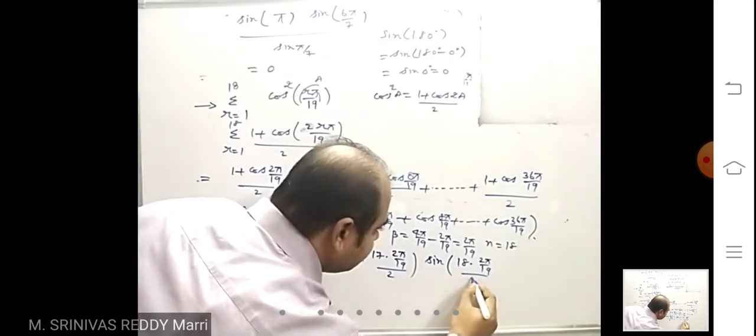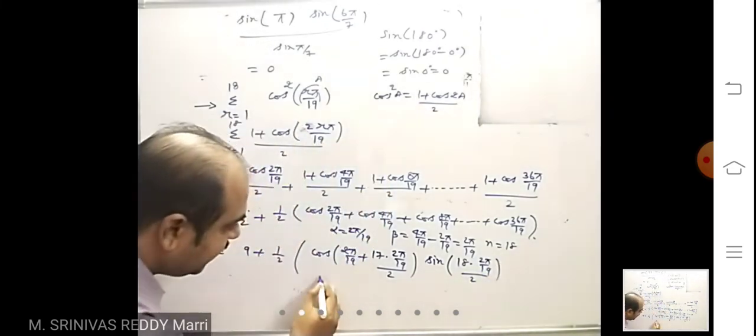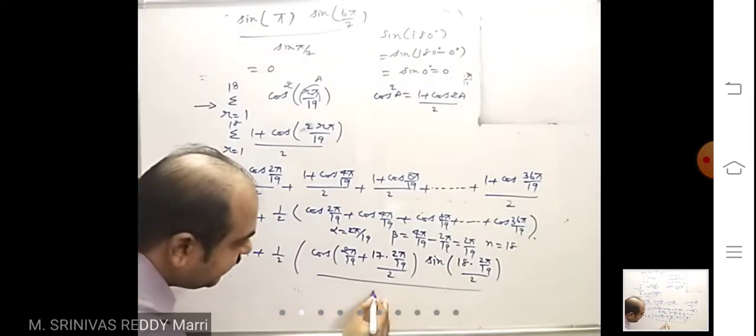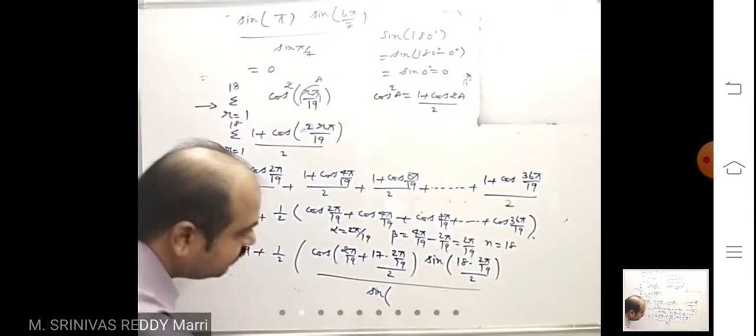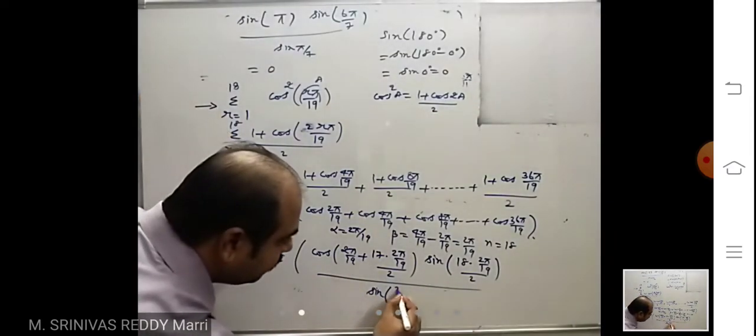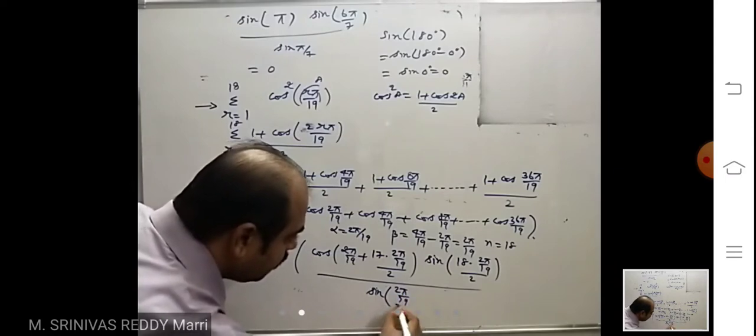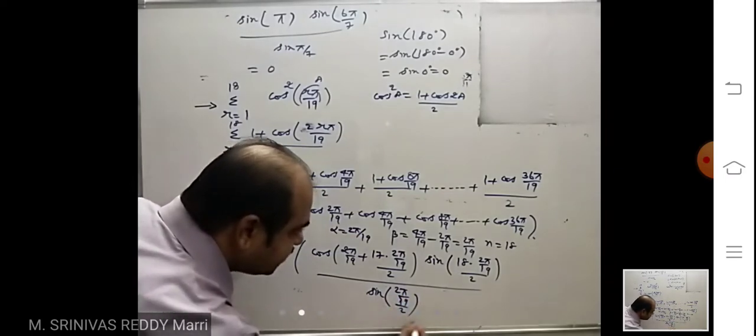Look at the formula in the notes. Divided by sine beta by 2.